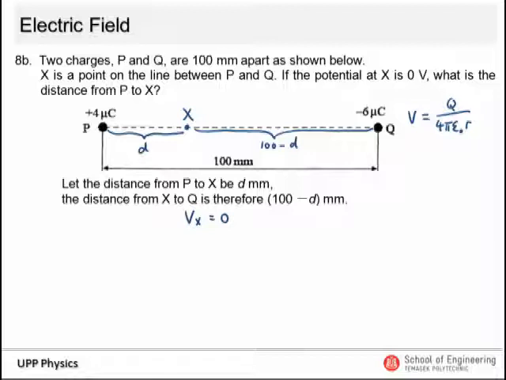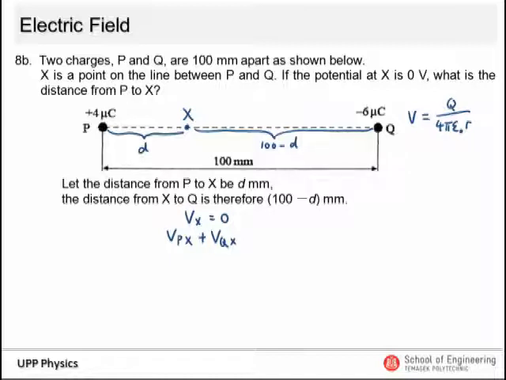Now, at point X, if you want to calculate its potential, you must take into consideration charges P and Q. Let's find the potential at point X due to P. We call this VPX. That is the potential at point X due to charge P. Then we add the potential at point X due to charge Q. Both potentials can be added together because potential is a scalar quantity, so the direction is not required.